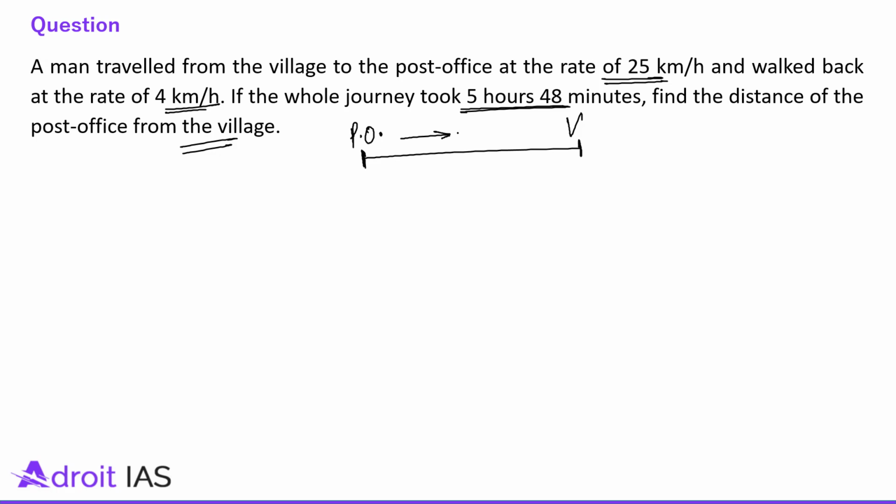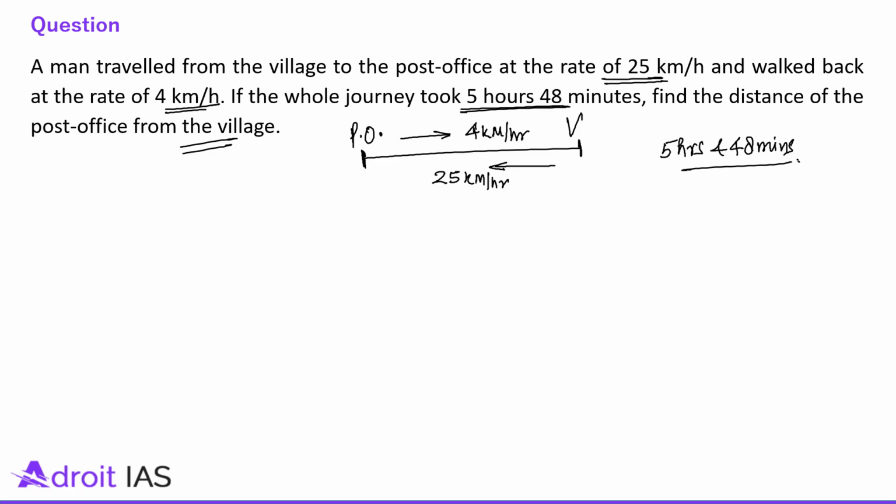A man is going from his village to the post office at 25 km per hour and came back at 4 km per hour. The entire journey took 5 hours and 48 minutes. We need to find the distance of the post office from the village.